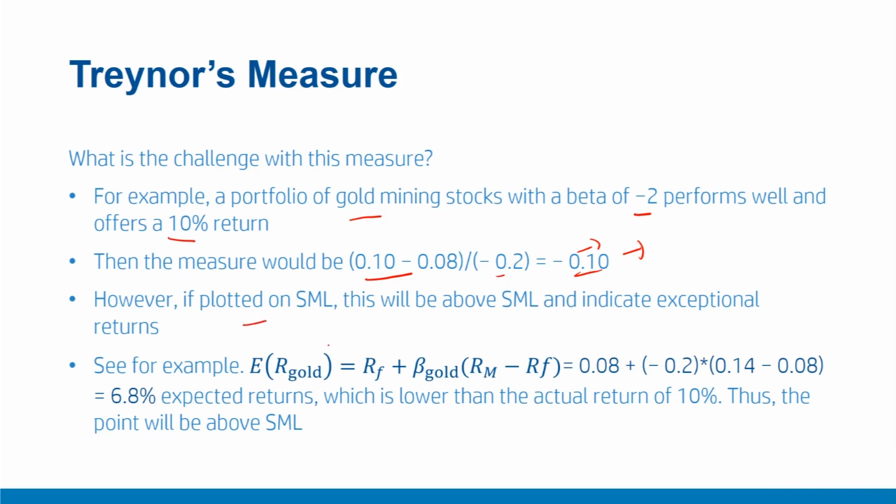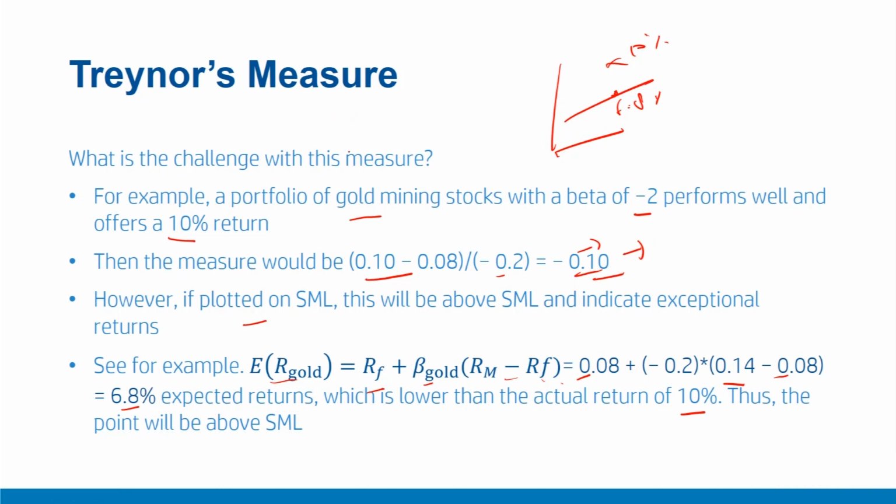But if we plot it on the SML, notice the expected return from this portfolio, RF plus beta gold times RM minus RF, which is 0.08 plus minus 0.2 times 0.14 minus 0.08, which is 6.8%, much lower than the actual return of 10%. This suggests this point is way above the SML line. The expected performance is 6.8% while it is offering 10%, and therefore it has performed much better. Treynor's measure incorrectly suggests that this is a poor performing portfolio.